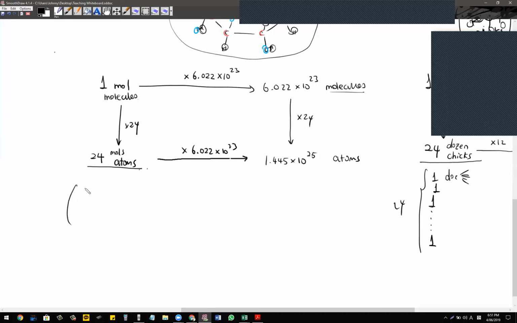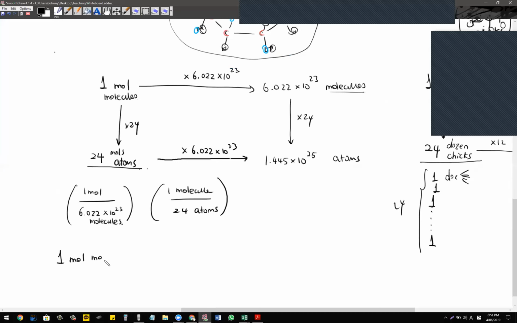So we know that 1 mole equals to 6.022 times by 10 to the power 23. We know that 1 molecule equals to 24 atoms. So 1 mole equals to this many molecules. So if I have 1 mole of molecules, I can times that by, because this is 1 mole equals that, so I can put 1 mole there.